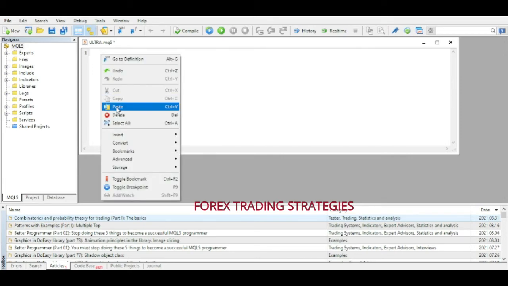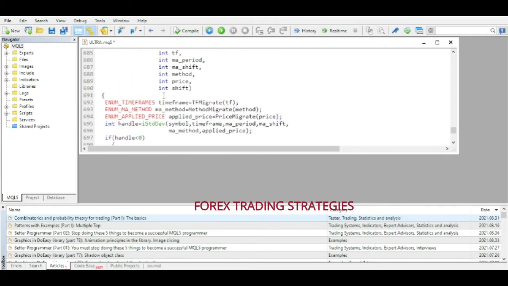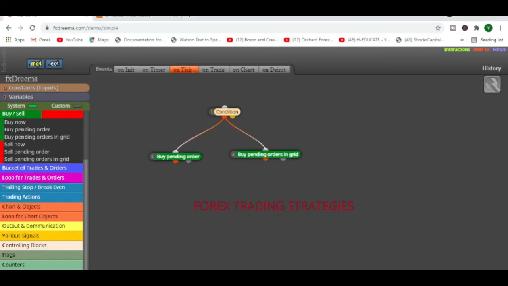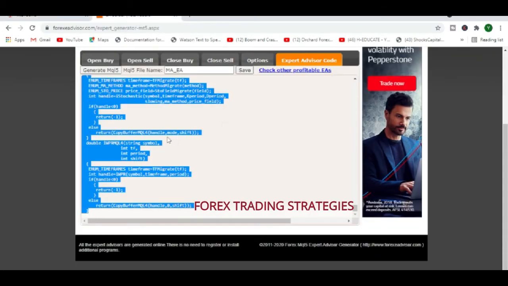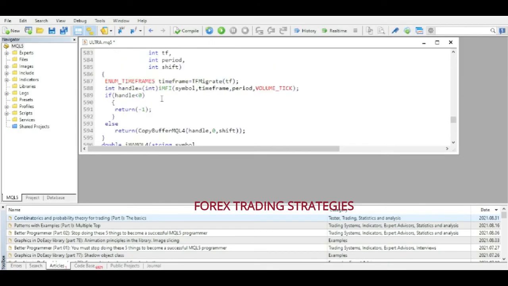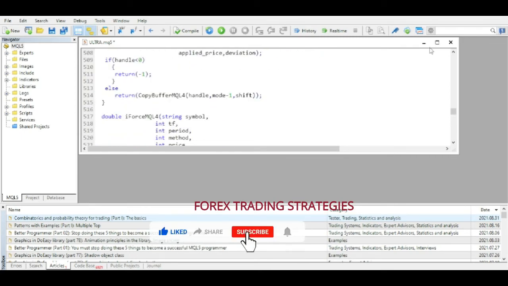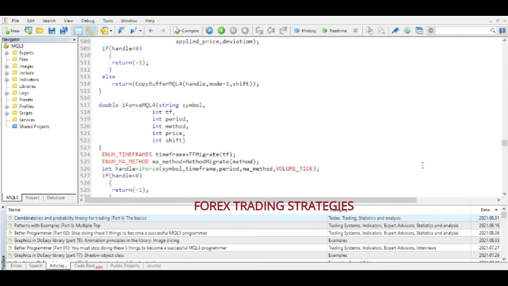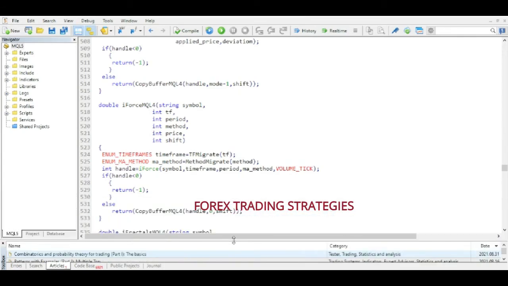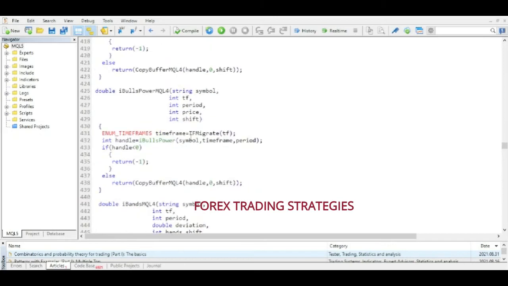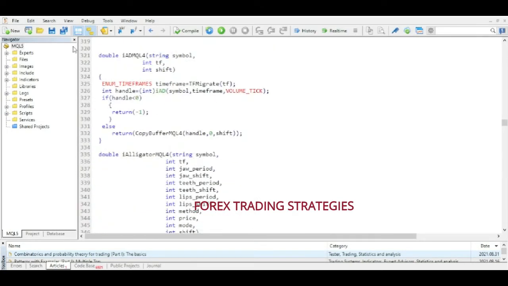Then what you just want to do is paste in everything that you copied here. All this code, you paste it in here. Let's resize the screen and we click save.